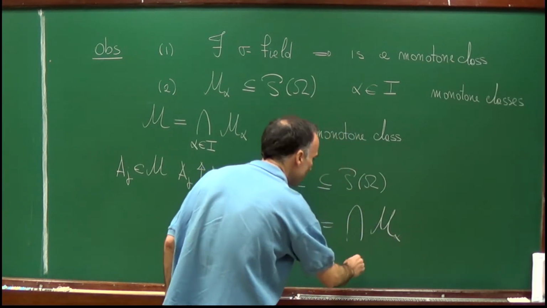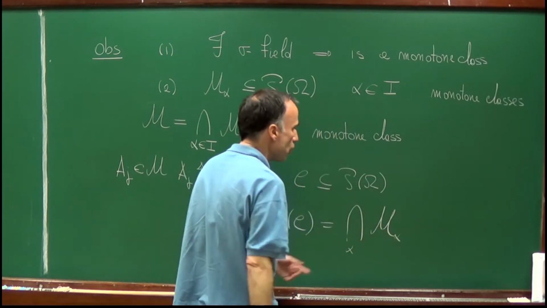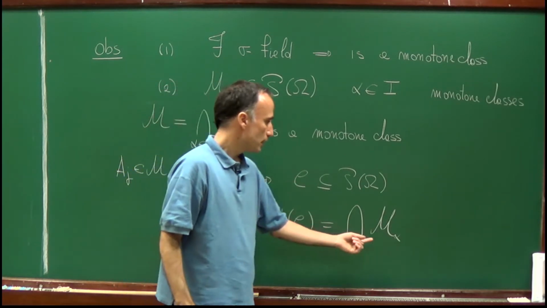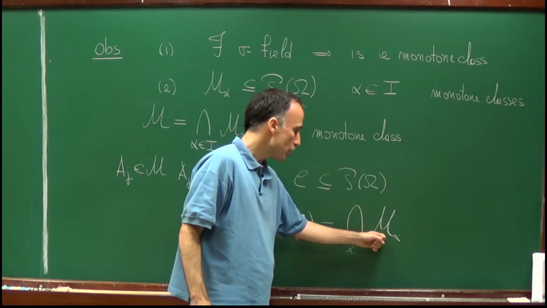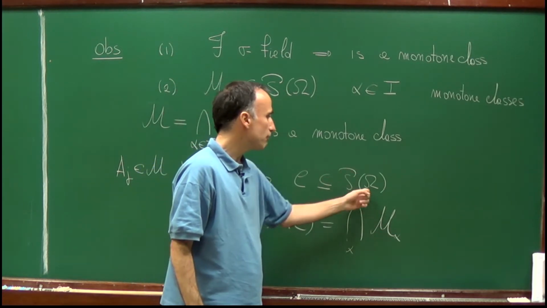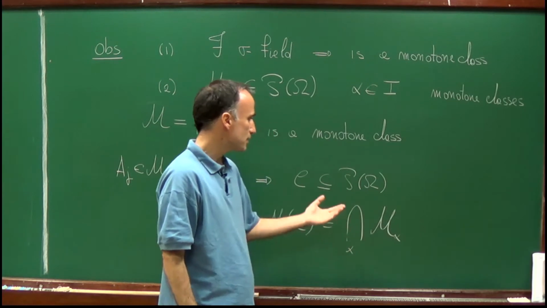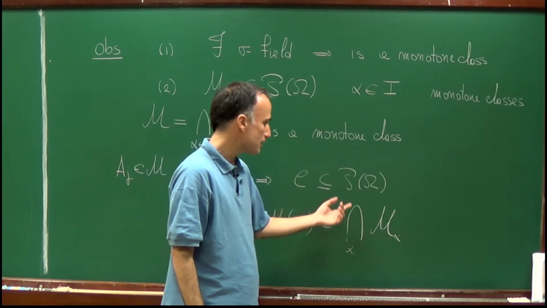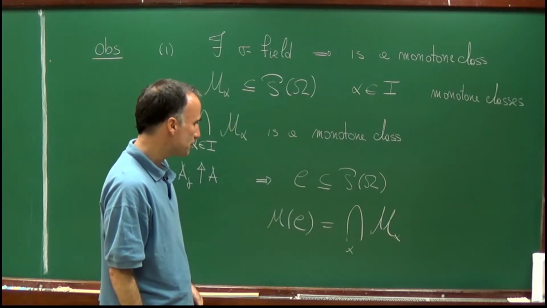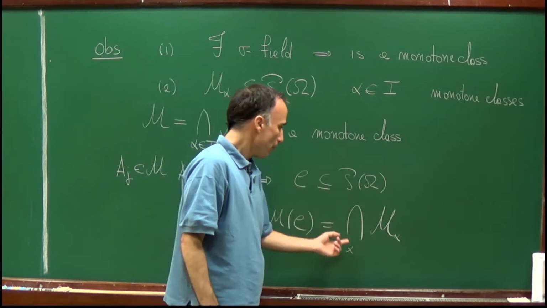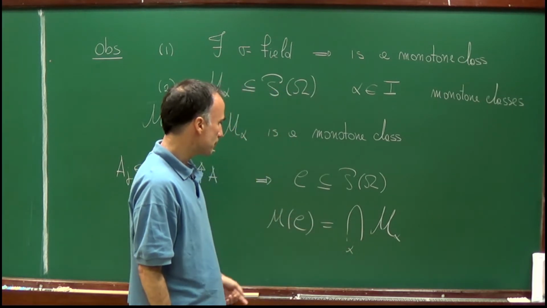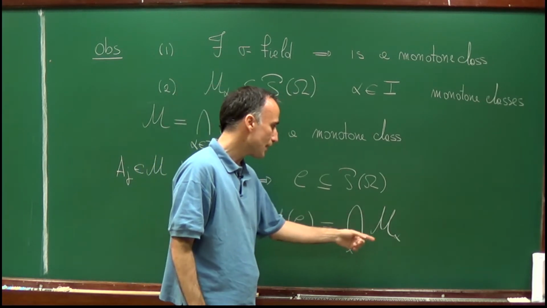So let me call M alpha all the monotone classes which contain C. This family is clearly not empty because P of omega, all the subsets of omega, forms clearly a monotone class. By taking its intersection, by the previous observation, we obtain a monotone class.